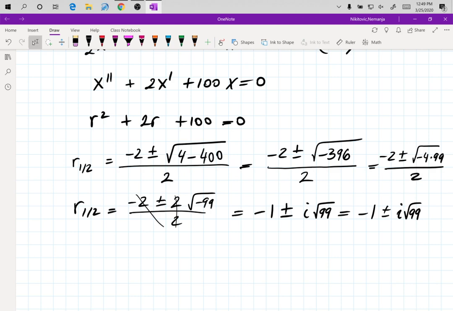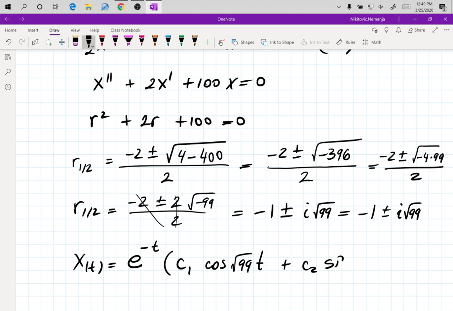And guys, we have the e part and we have the omega part, right? So we have the case where it's underdamped, right? So we're going to do x of t is e to the negative t, right? Because it's negative 1. And then we have c1 cosine root 99 t plus c2 sine root 99 t.